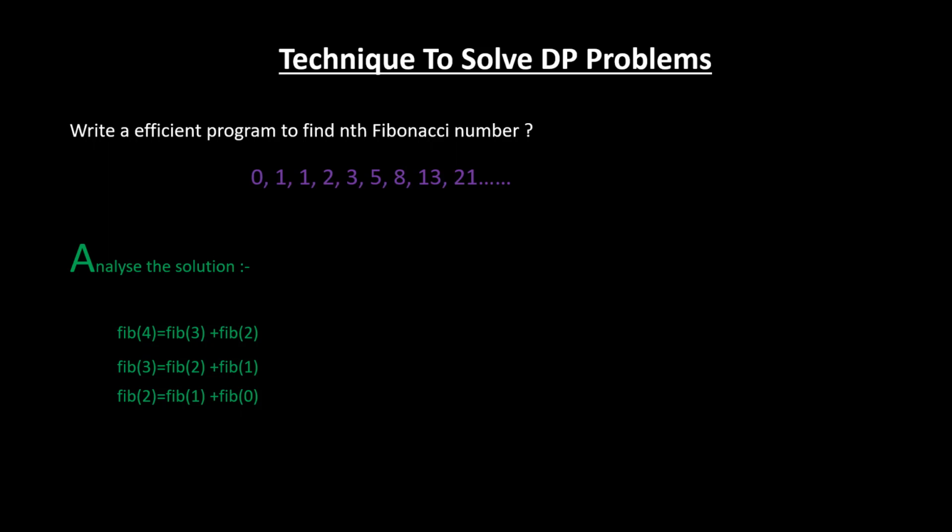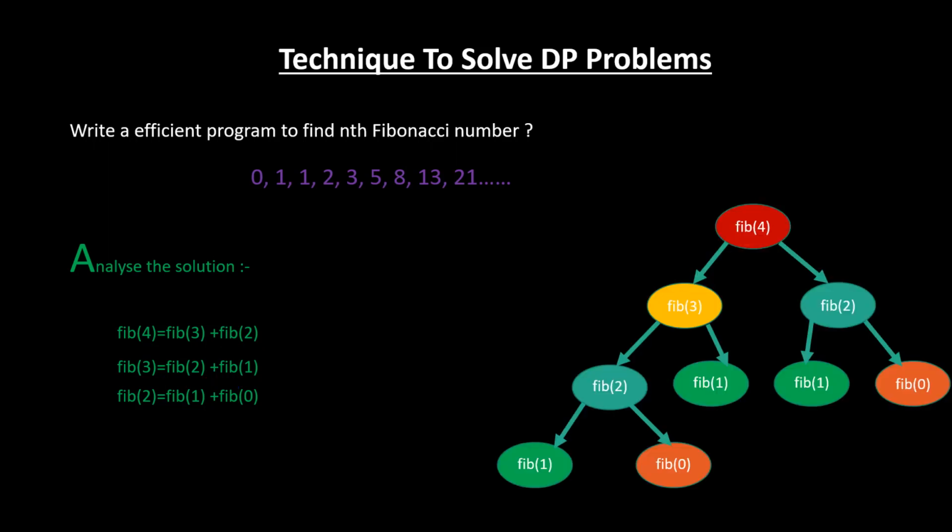And for calculating fib of 3 also, you need fib of 2. So basically here fib of 2 is an overlap, because for calculating fib of 4, you need to calculate fib of 2, and when you are calculating fib of 3, at that time also you need to calculate fib of 2. So it's an overlapping problem. In a similar way, this is also an overlap, or the same can be visualized here. Now we are sure that it's an overlapping problem.